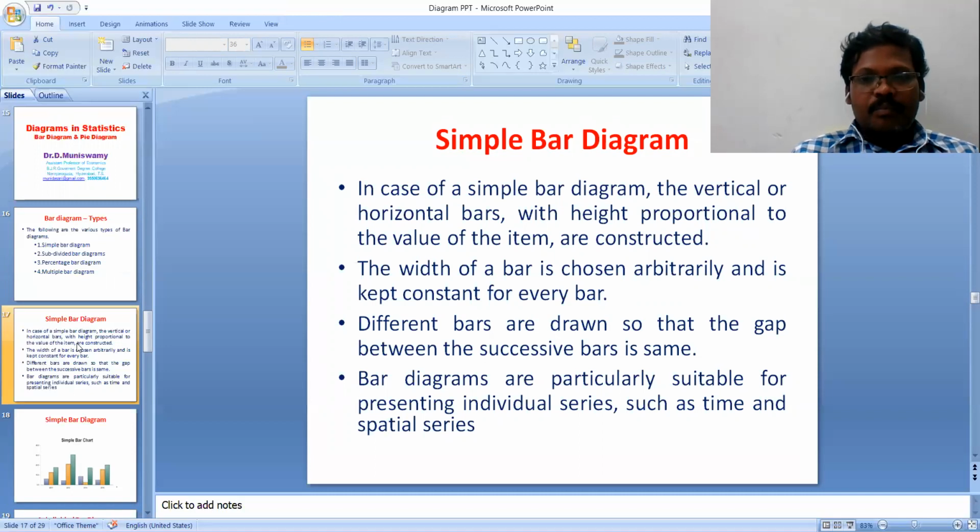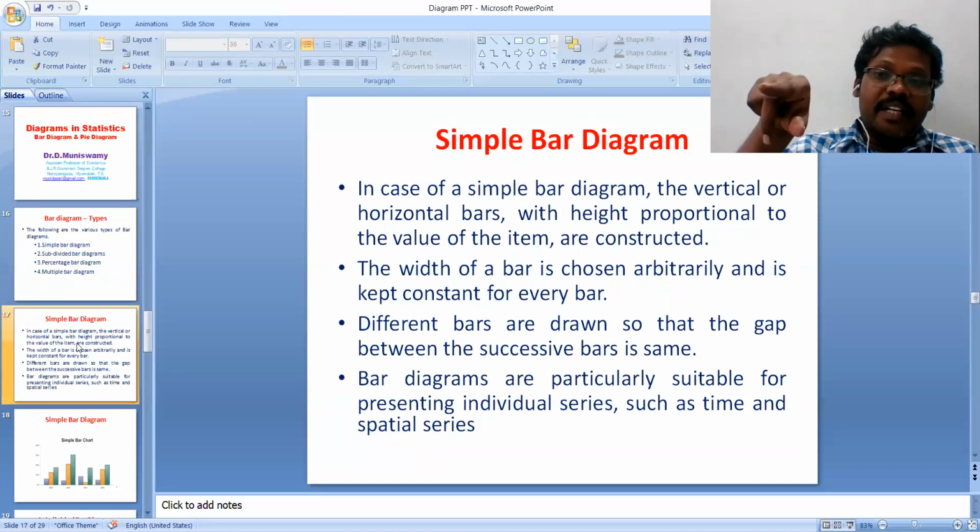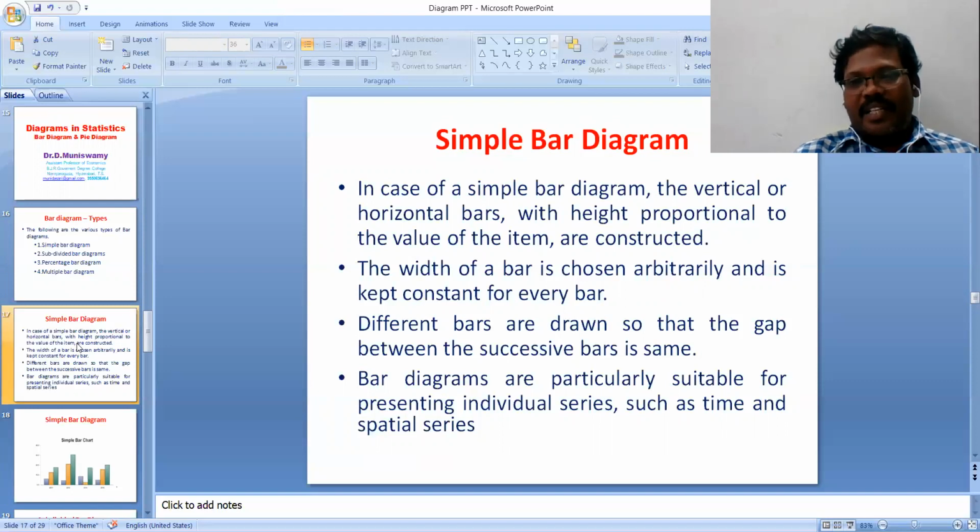On the horizontal axis we take the variables, for example age or height. How much age was there, that value, that is the frequency in statistical language, we can see on the vertical axis.